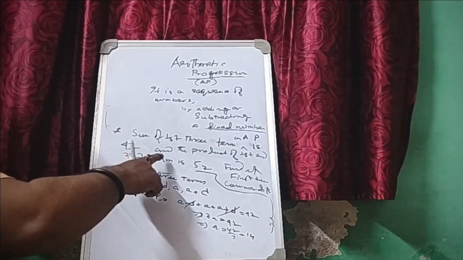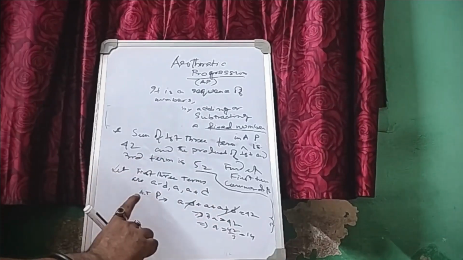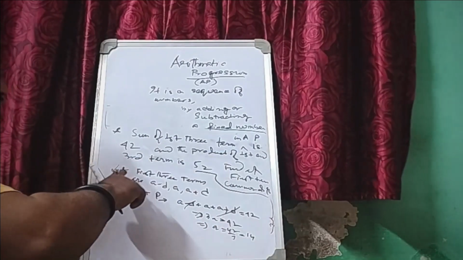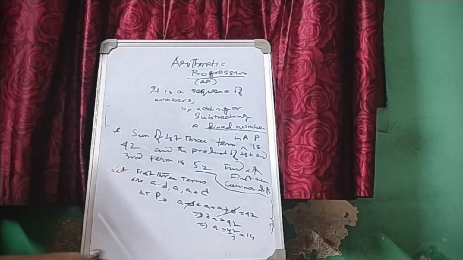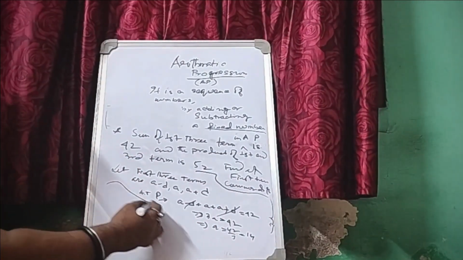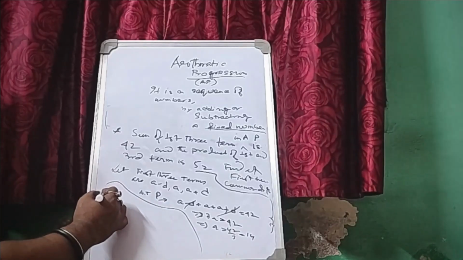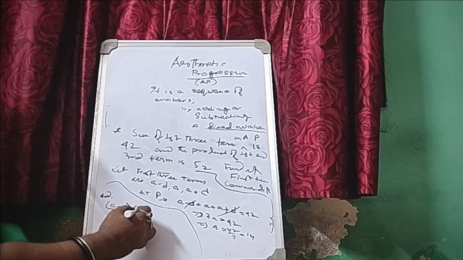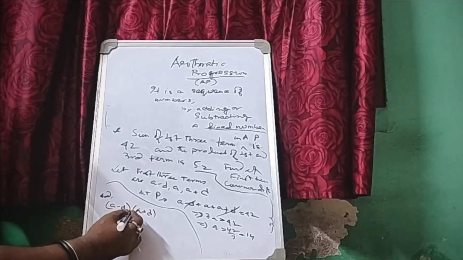And another point is there. The product of the first and third term. First and third term product. Product means multiplication.